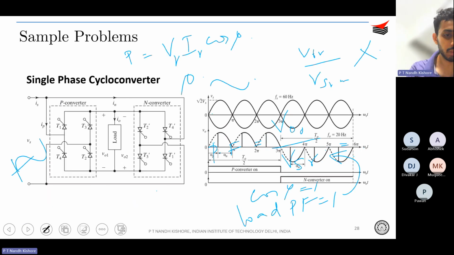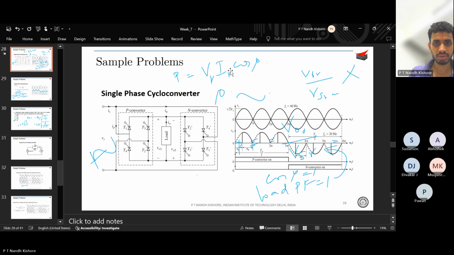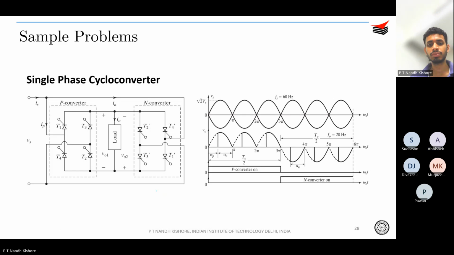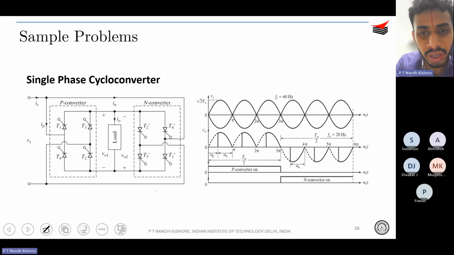Let me just get rid of this. Okay, so over here the output current is going to be something like this.